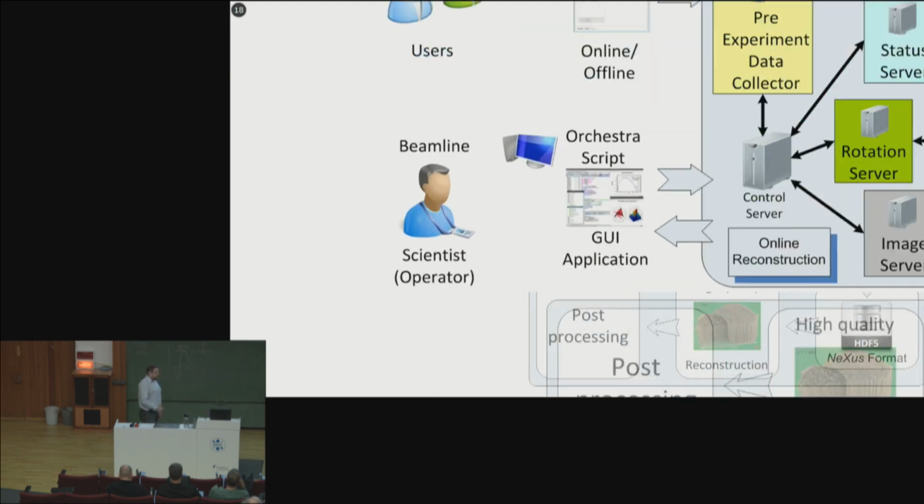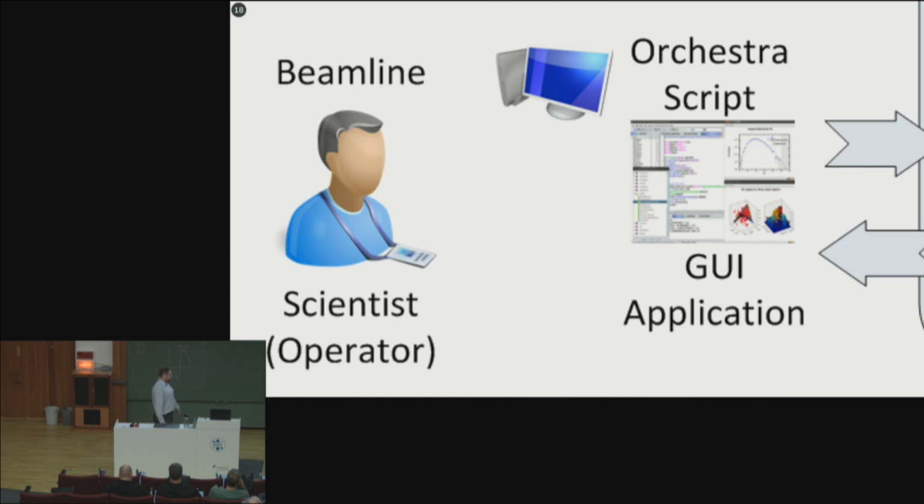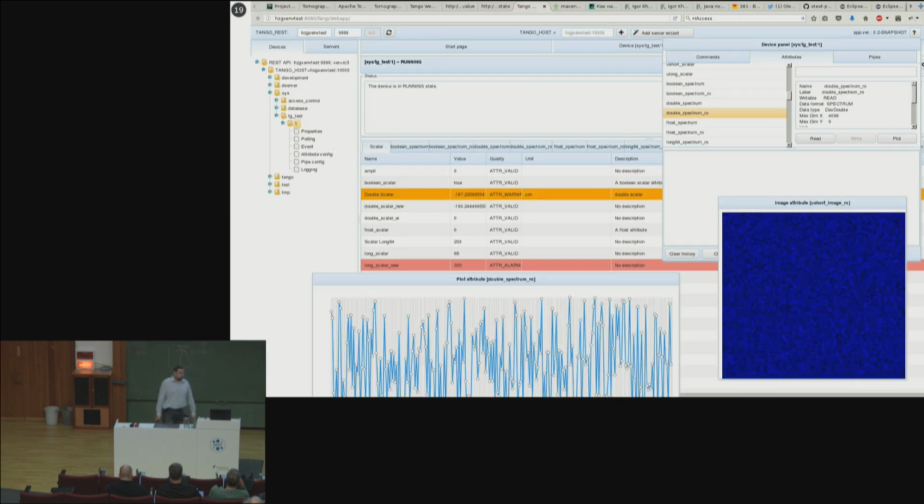So today I will focus on this part, and specifically on a single web application, which allows our beamline scientists, through a web browser, to monitor and control the hardware. On this print screen, I give you just an overview so you can realize what is going on here.